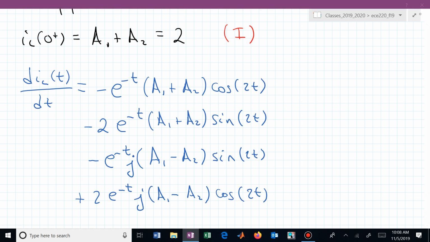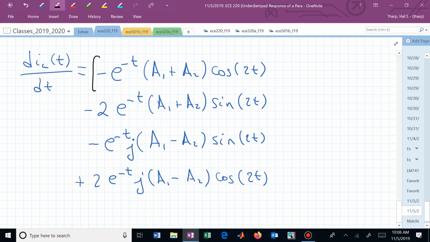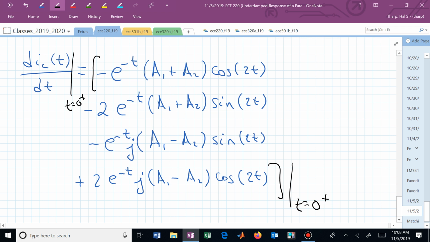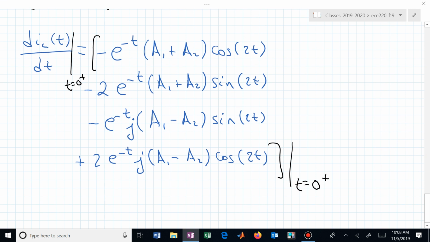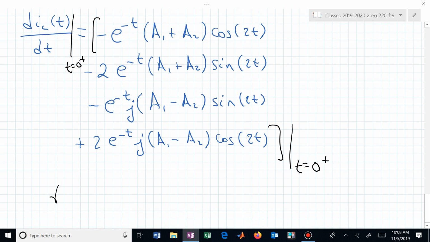And what I want to do now is actually evaluate that at t equals 0 plus. And things start to fall out. My sine pieces go away, but I'm still left with a fair amount of terms. I have di sub L of 0 plus dt is now equal to minus a1 plus a sub 2, with a minus.